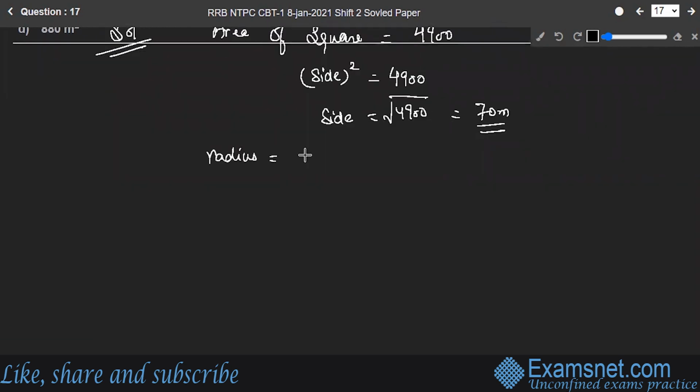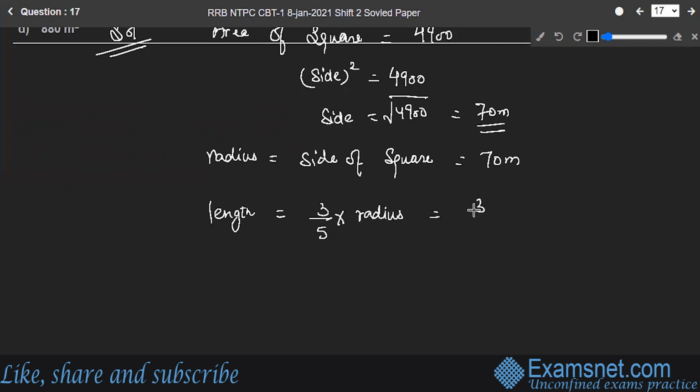Therefore, radius is equal to side of square, which is 70 meters. Now, length is equal to 3 by 5 into radius, 3 by 5 into 70, which is 14 into 3, is 42 meters. I got the length. It came out to be 42 meters.